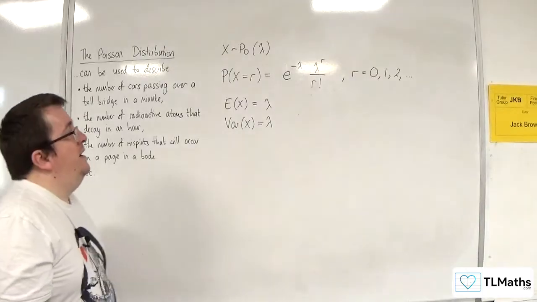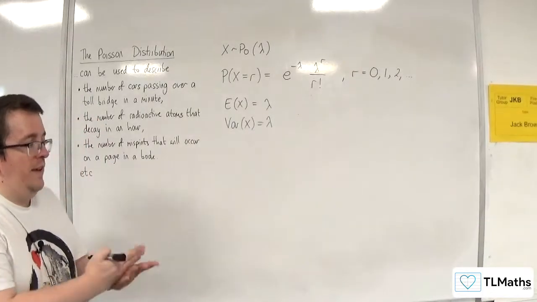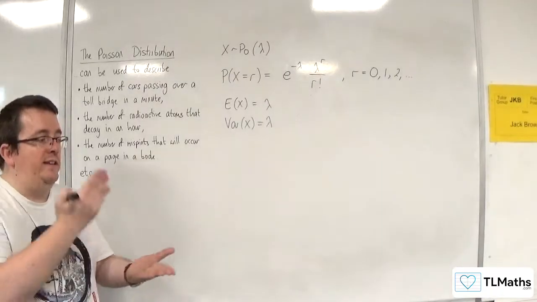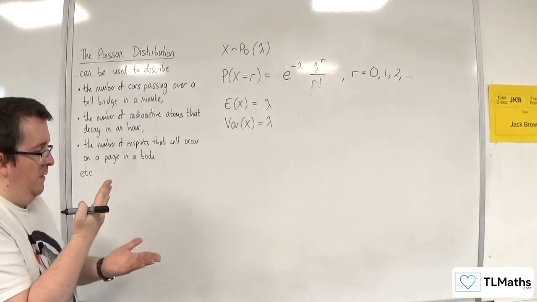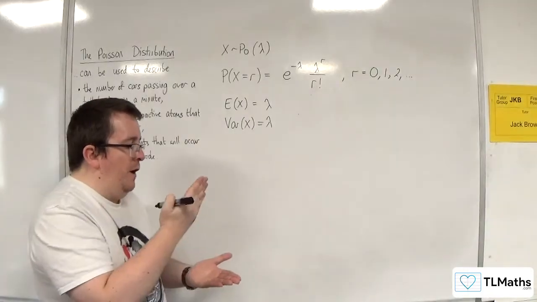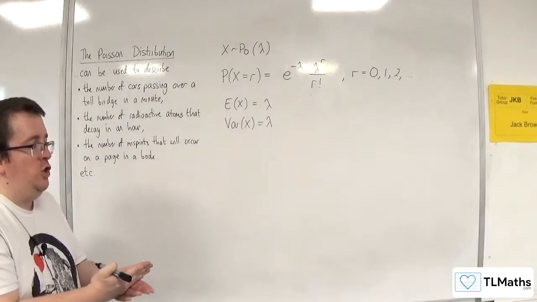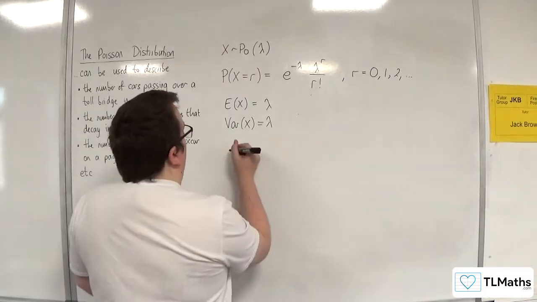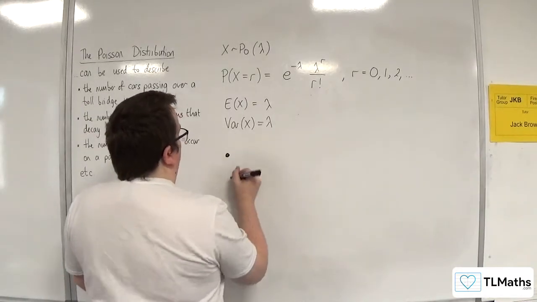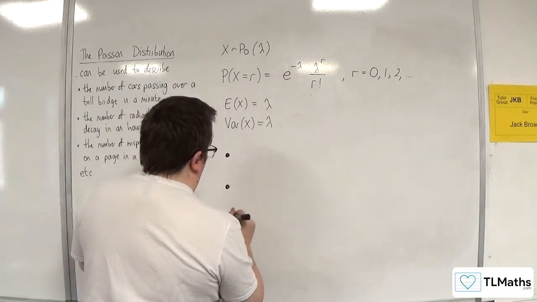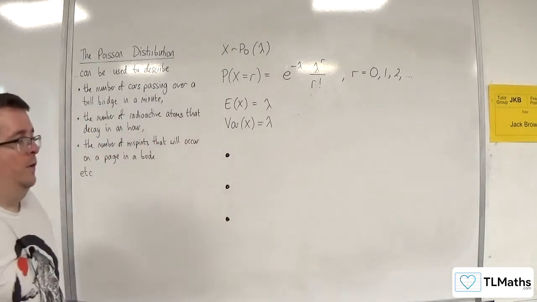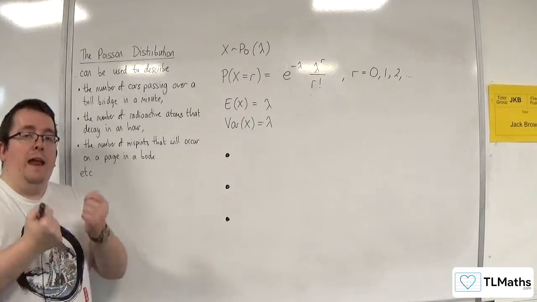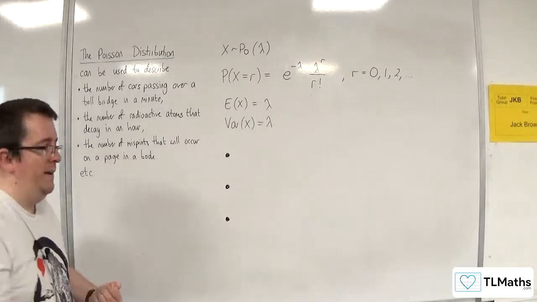Now, you do need to know that there are three things that you should look out for with a Poisson distribution. You need to know the facts of when a Poisson distribution is appropriate to be used. So there are three that you need to know. The first one is that the events must occur independently and randomly.